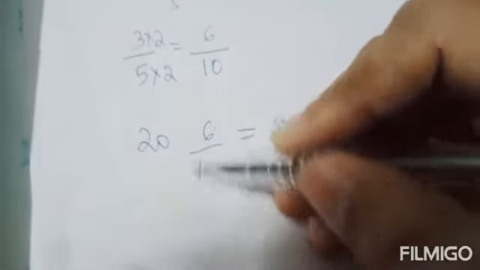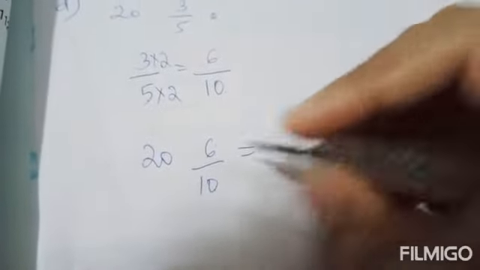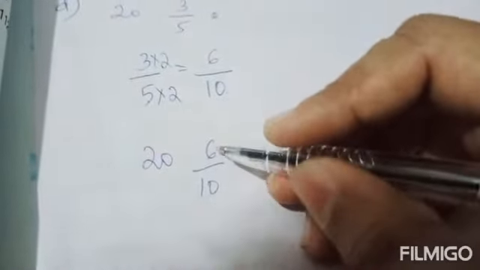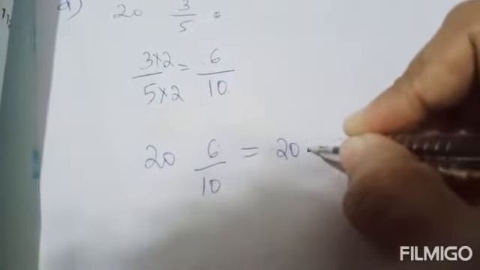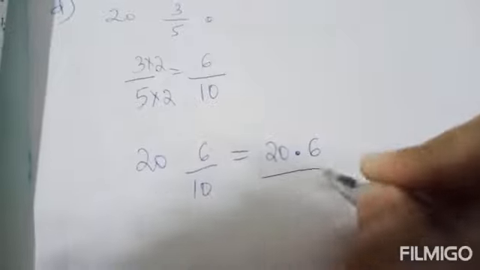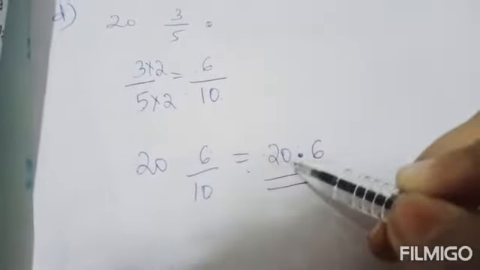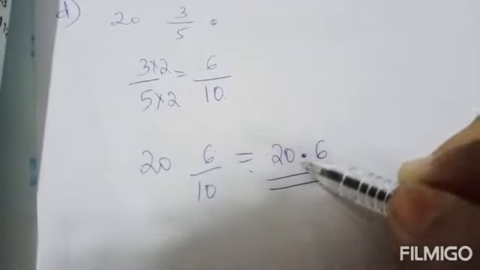In the denominator it is 10, so after the decimal point, one digit should come. In the numerator only one digit is there, so you can write it after the decimal point. So 20 6 by 10, the decimal form is 20.6.